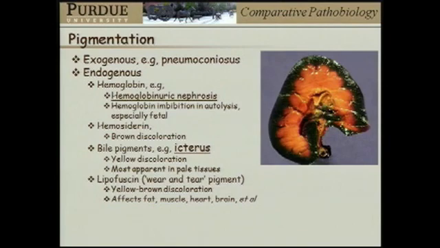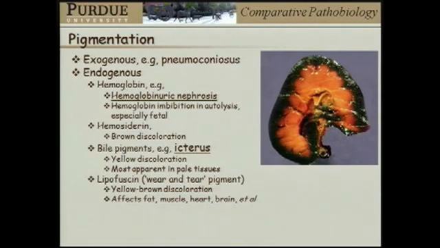And in this picture, we can detect accumulation of two pigments. One may be more obvious, and that is the discoloration of tissues that should be white or close to white, and that discoloration is a yellow discoloration.